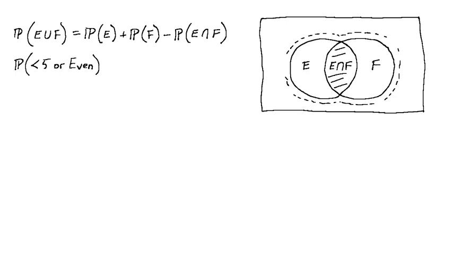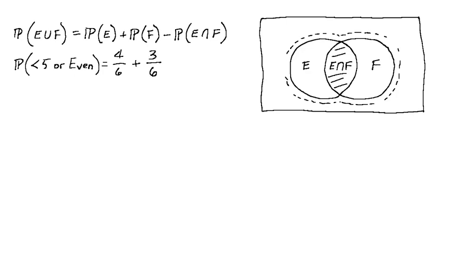Using the fact that the basic outcomes of the experiment are equally likely, we can see that the probability of E, rolling a number that's strictly less than 5, is 4 over 6. There are 4 numbers on a die that are strictly less than 5, and there are 6 possible numbers we could have rolled. We've already seen that the probability of F, rolling an even number, is 1/2, or 3 over 6.